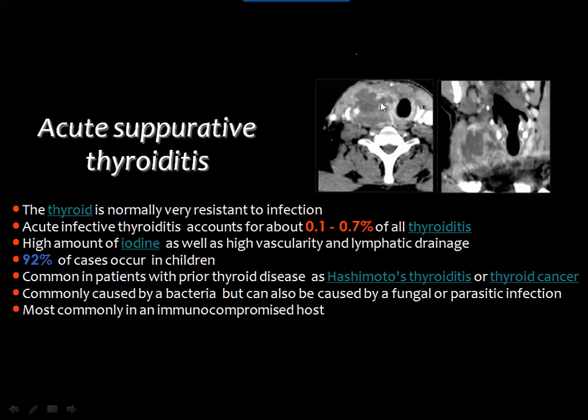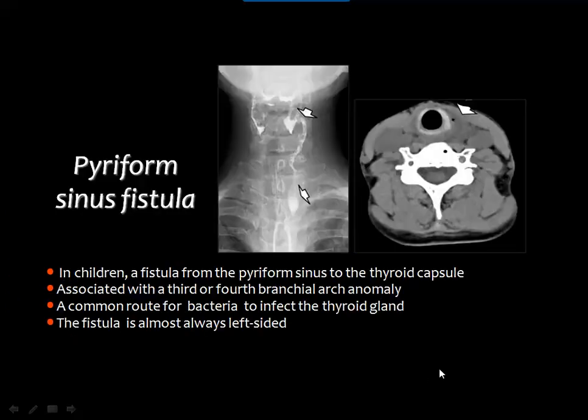And this is an appearance of enlargement of the right thyroid lobe with marginal enhancement and central area of breakdown. This is what we call pyriform sinus fistula, and this was found a common cause of acute thyroiditis in children.